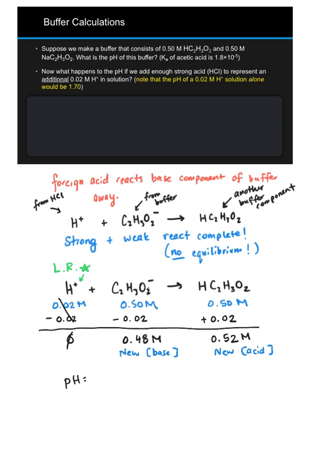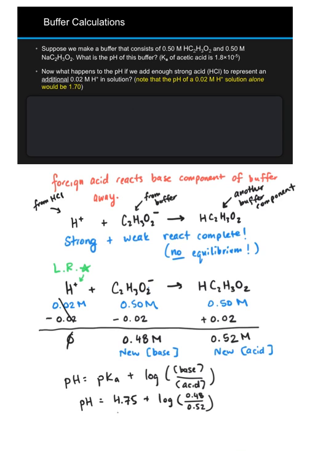The pH is equal to the pKa plus the log of the concentration of our conjugate base component divided by our conjugate acid component in our buffer. Again, the pKa is 4.75, the negative log base 10 of 1.8 times 10 to the minus 5. This time, plus the log of 0.48 divided by 0.52.